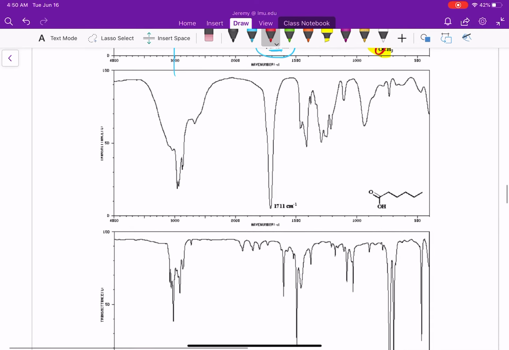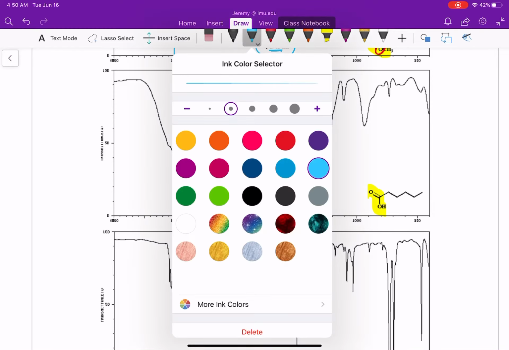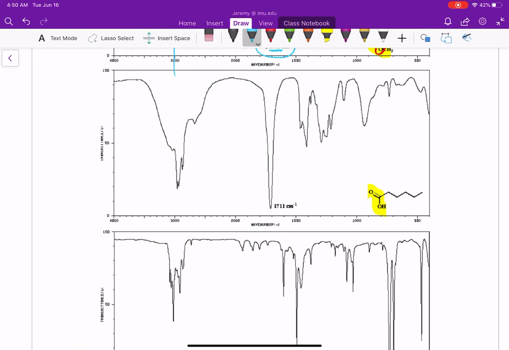All right, our next example we'll see is a carboxylic acid. These have very distinct peaks. So if I look in zone 1, I don't have anything separate in zone 1. But if I draw my 3000 line, I can clearly see some peaks to the right of that. That's my sp3 C-H. But in the background here, I can see this big, broad peak.